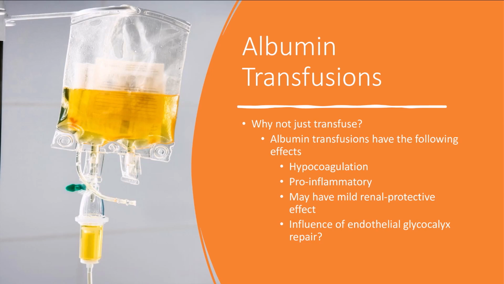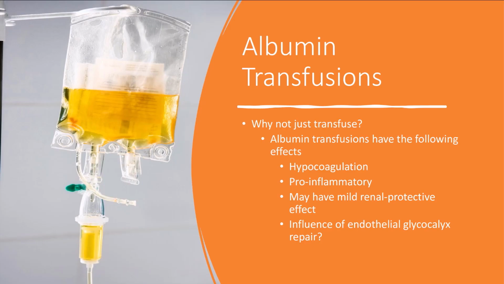Endothelial glycocalyx, if you're not aware, is just a complex layer of glycosaminoglycans and proteoglycans and a whole bunch of other stuff that line the inside of every blood vessel that we have in our body. And it's a protective layer. It helps to protect the vascular endothelial cells against damage. It reduces capillary permeability.